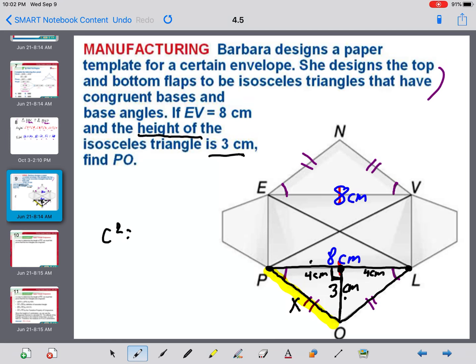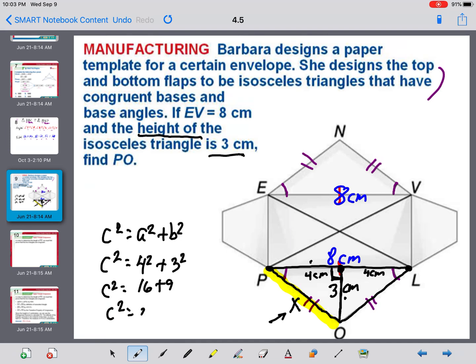Okay. That all said and done and out of the way, we want to know the length of this side. Let me just call it X for the moment. That's the measure of that side. So this should be a right triangle where we know the two legs. This one's 4, this one's 3. So that's C squared equals A squared plus B squared. C squared, which is what we're trying to find here, the hypotenuse, is equal to 4 squared plus 3 squared.